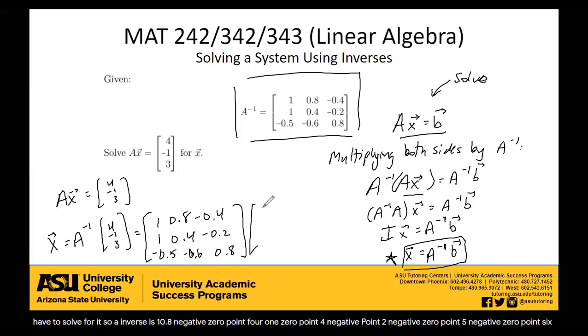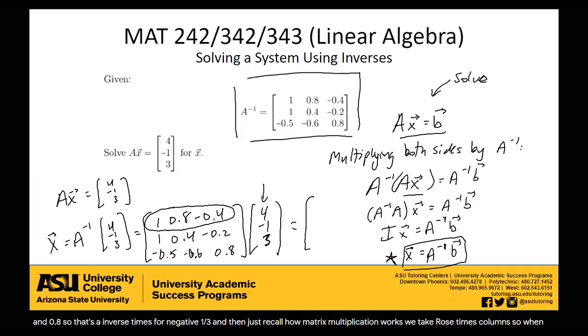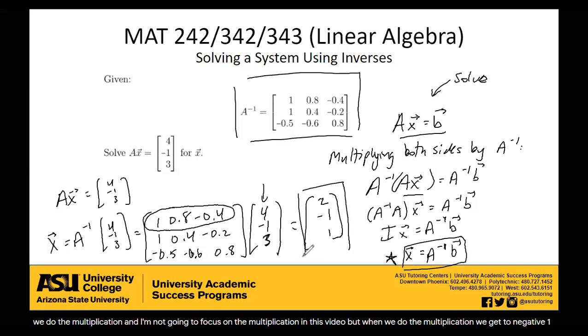So that's A inverse times (4, -1, 3). And then just recall how matrix multiplication works. We take rows times columns. I'm not going to focus on the multiplication in this video, but when we do the multiplication, we get (2, -1, 1). So this is the solution to this equation. We found our solution.